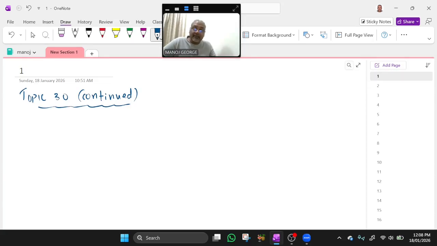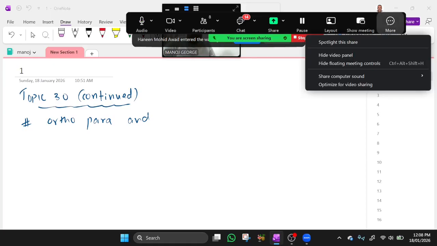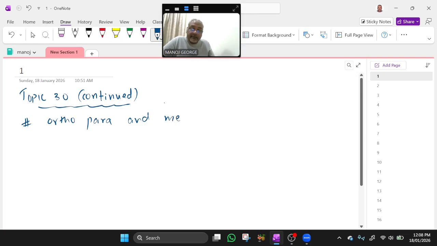So before we understand how methyl benzene behaves differently from benzene, we have to understand a phenomenon referred to as ortho-para directing, ortho-para and meta directing groups.